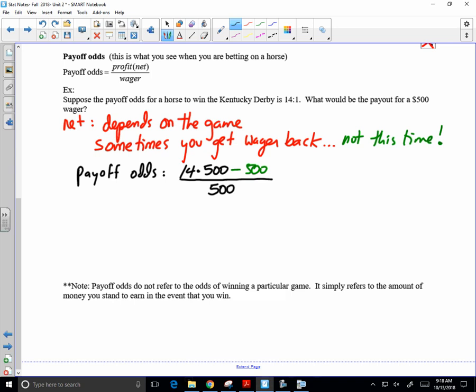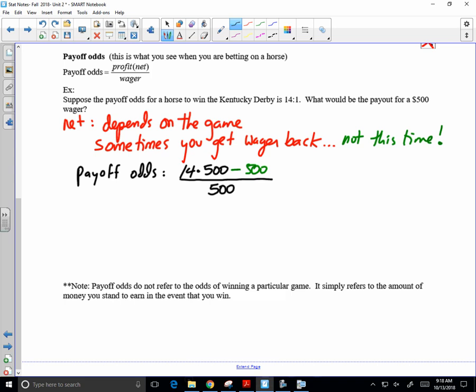All right. There's little shortcuts to this that kind of save you from writing any of this, because if you think about it, I kind of mentioned it before, you're going to get 14 of those $500 as your winnings, but you're forfeiting one of those $500. So you're really getting 13 new groups of $500. So you could just figure it out that way.